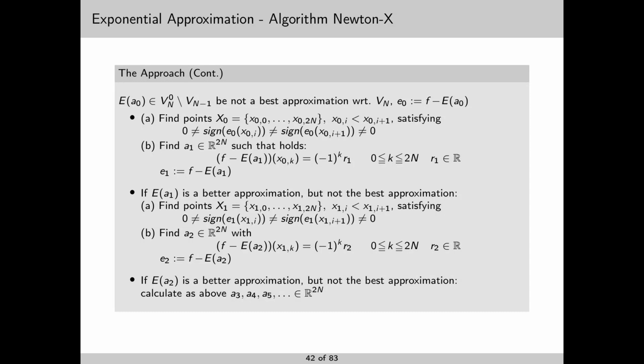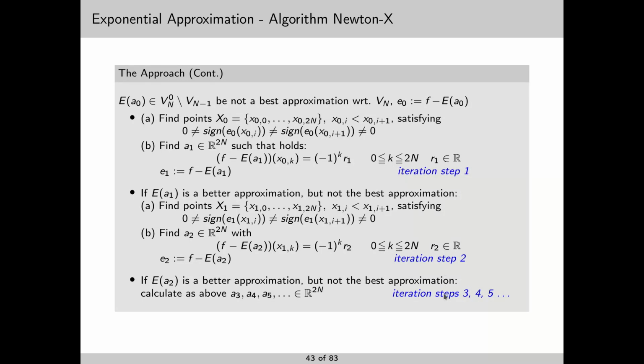If the exponential sum e of a2 is a better but not the best approximation, calculate analogously a3 and then a4 and so on, until hopefully we arrive at a best approximation. This is an iterative process with these iteration steps.